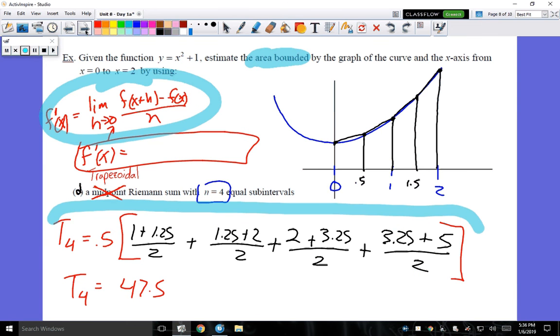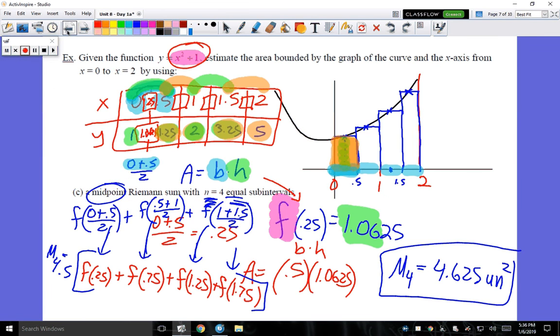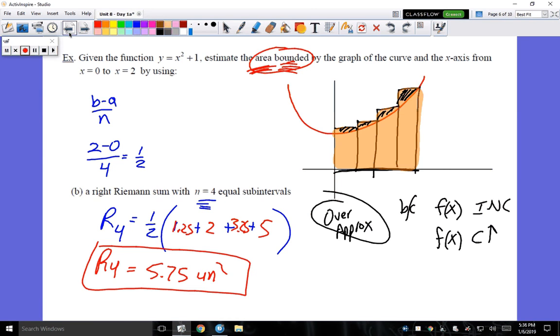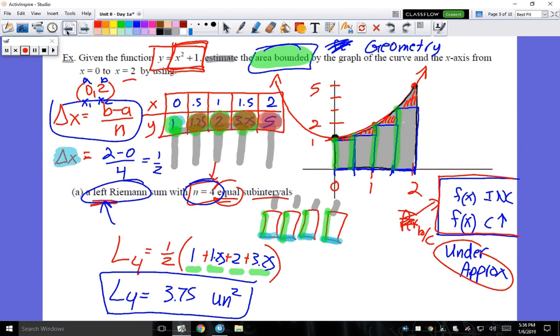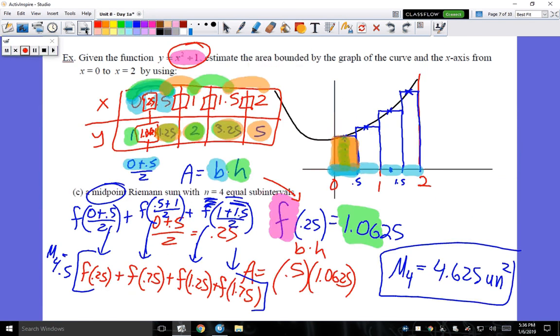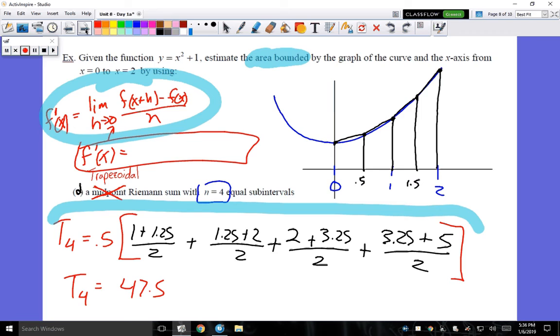Something might be off. That seems a little bit high. Because that midpoint was 4, this was 5, and that was 3. It should not be that high. It should be close to 4-ish.